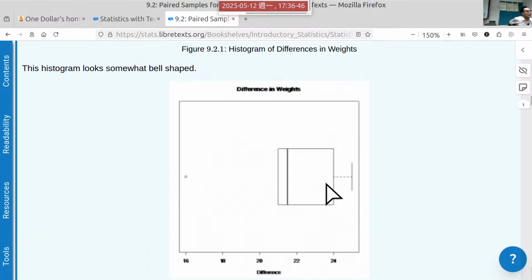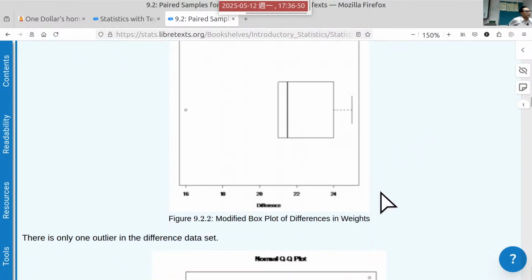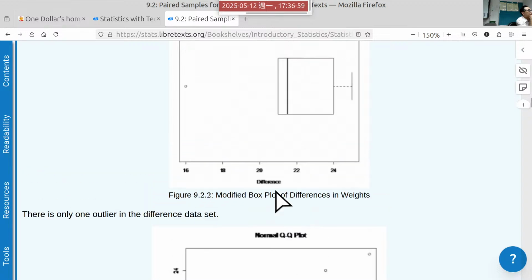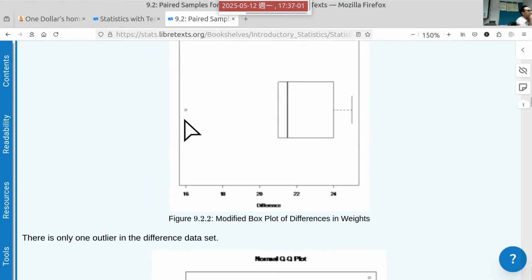And this one, the box plot. There is only one outlier in the differences data set. The outlier is here. Difference, what does it mean? The weight differences in pounds.